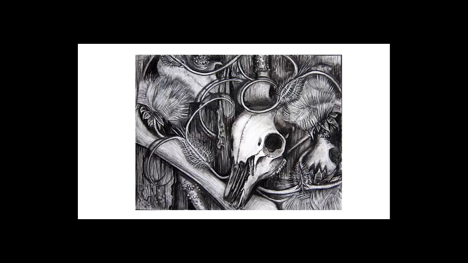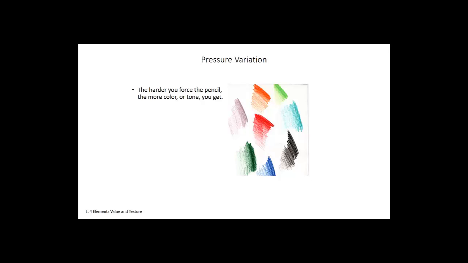In illustration cross-hatching, the harder you force the pencil, the more color or tone you get. Layering is going over one color with another. Look at the examples. For our fun, I have added the shading technique done with shadings.